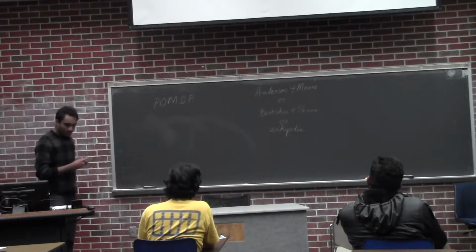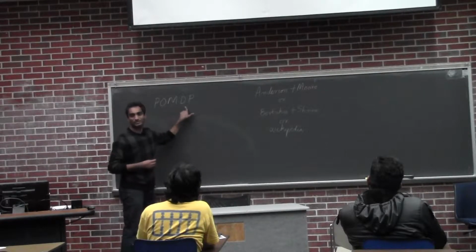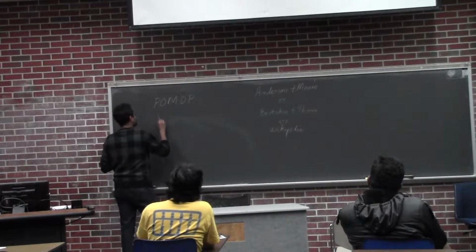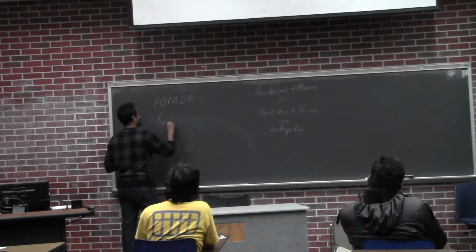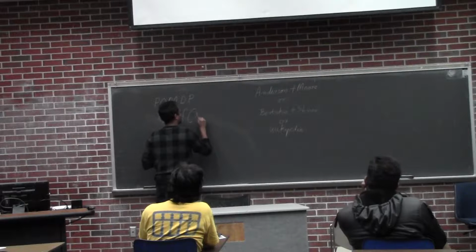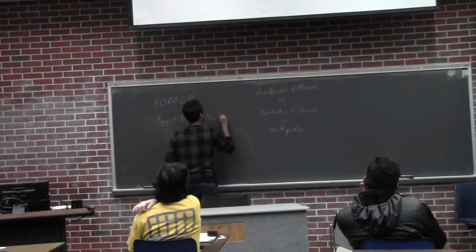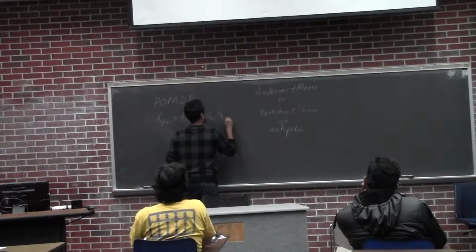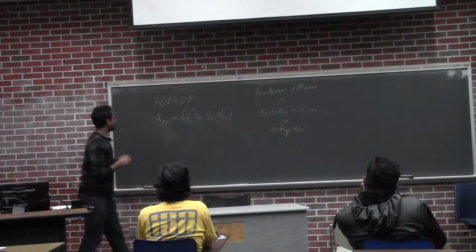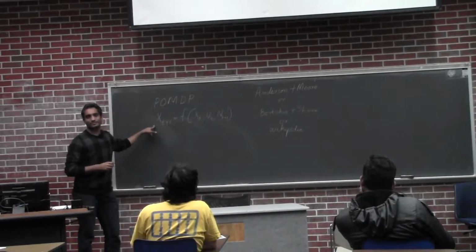So let me just review the partially observable Markov decision process. So we have a controlled Markov chain, but we do not have access to the states of the Markov chain directly.